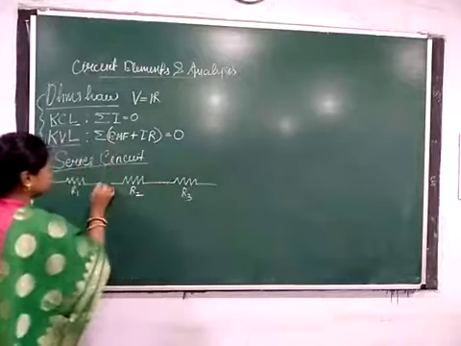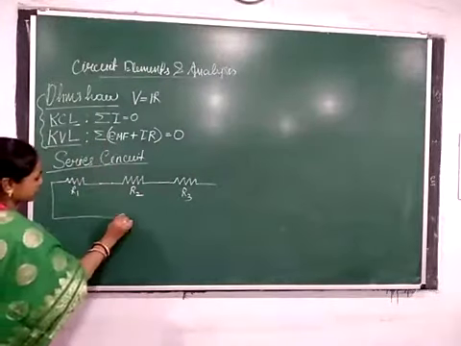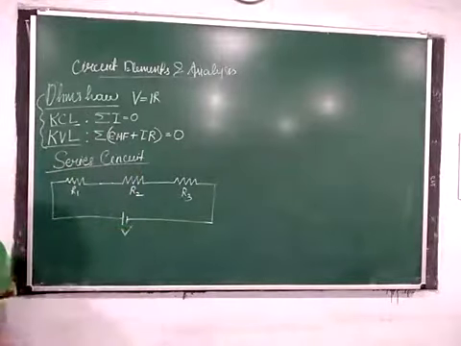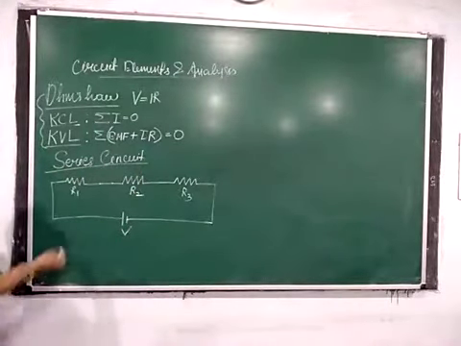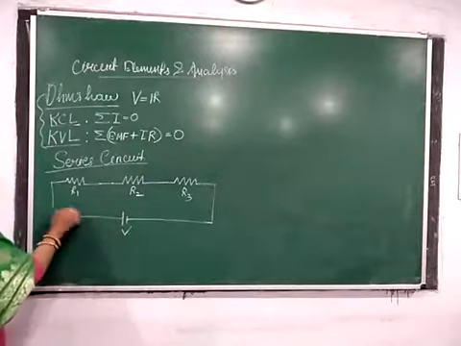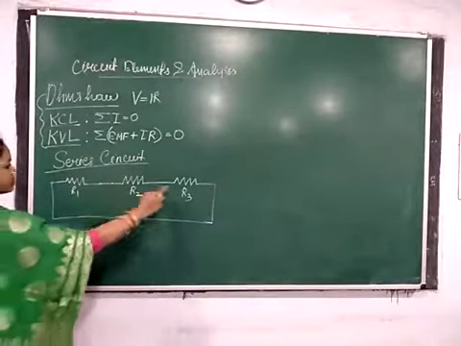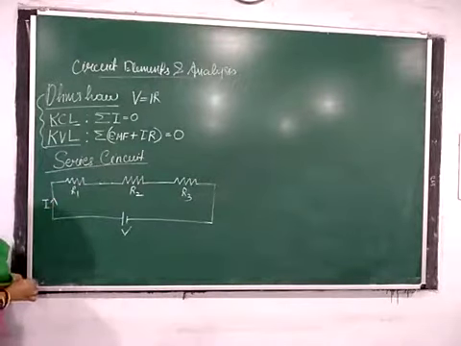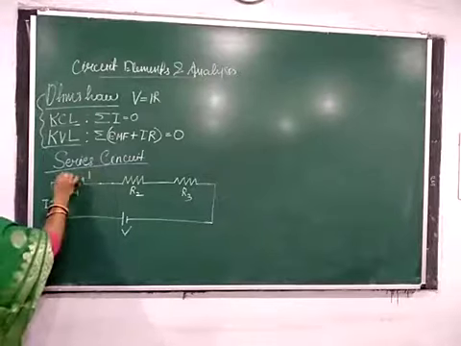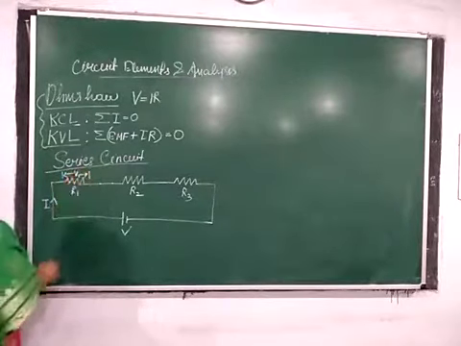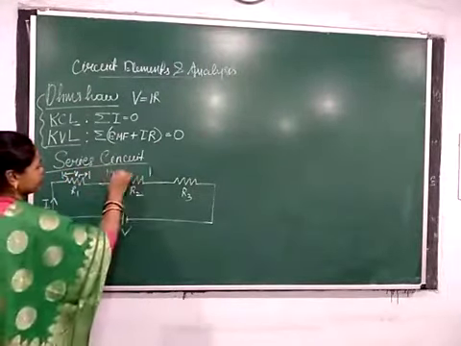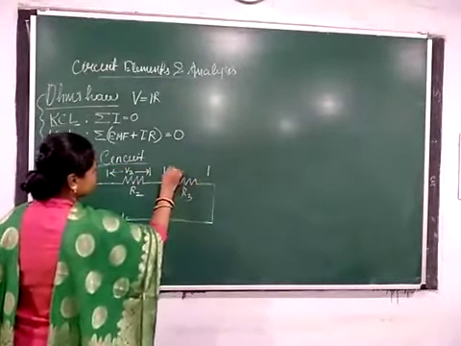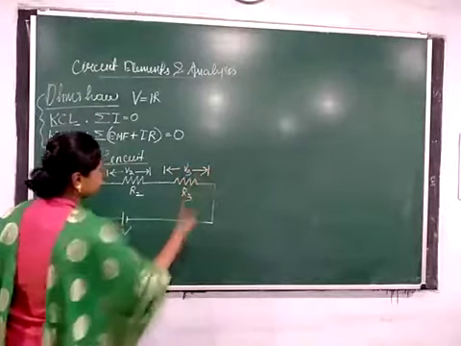They are connected in series across a source of supply V. When this voltage source is connected across the series combination of these three resistors, a current I flows through the circuit, and the voltage drop across R1 is V1, across R2 is V2, and across R3 is V3.